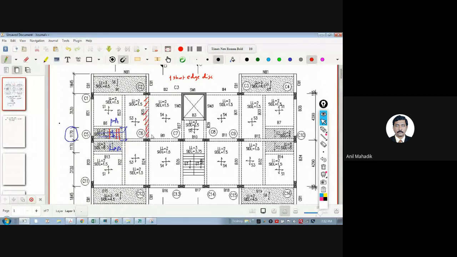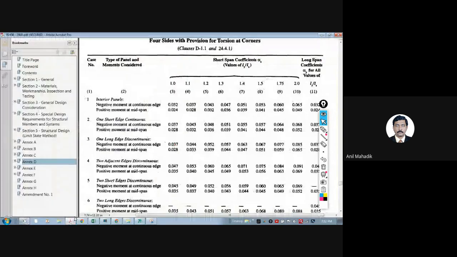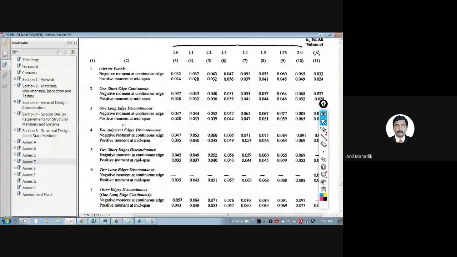So this is continuous because this slab is here. Again, this is continuous, and this is the lift wall. That means one short edge discontinuous is the case. So which is the case in the IS code? One short edge discontinuous.